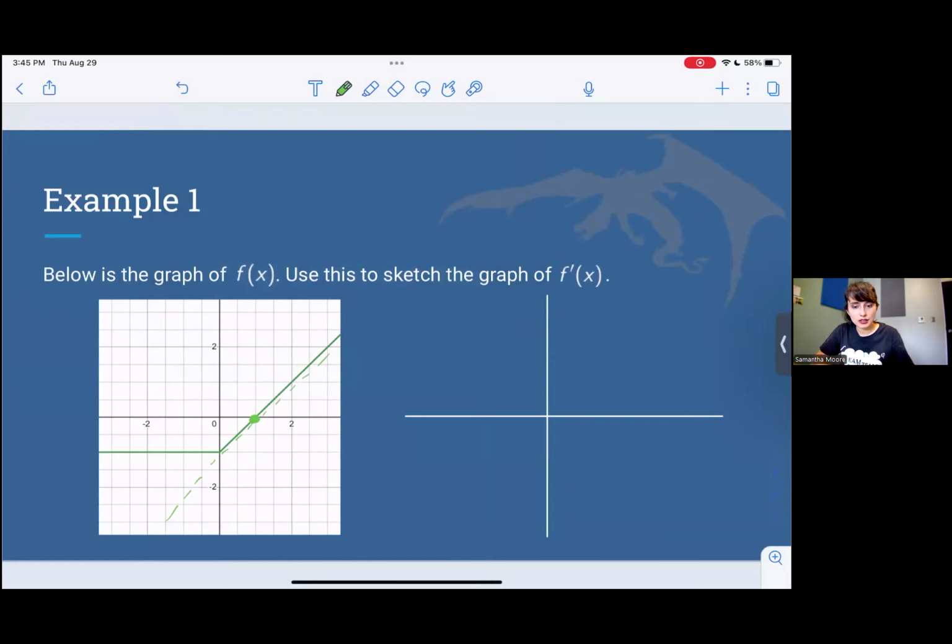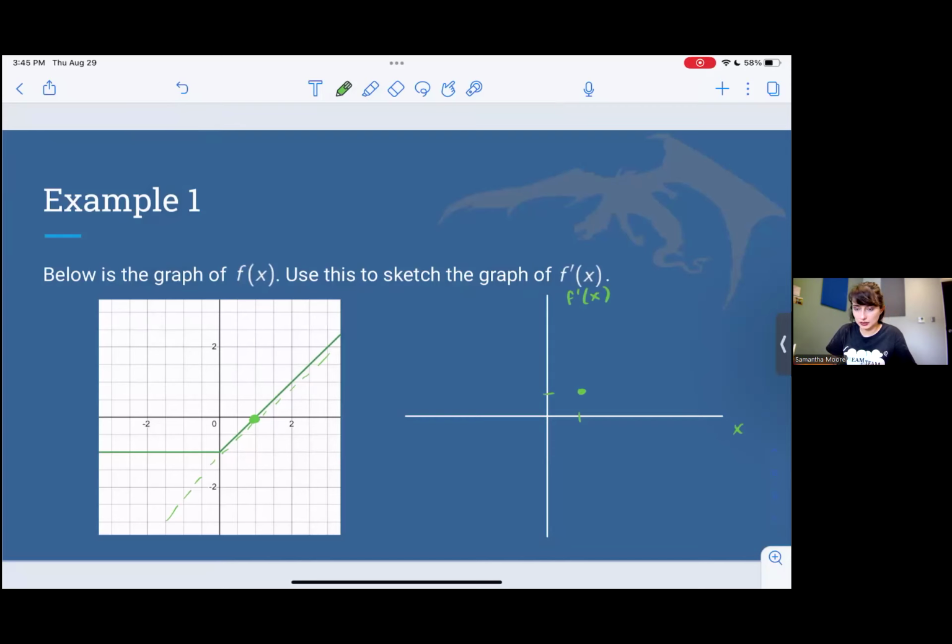So the slope of that line looks like it is 1. Perfect. So at x equals 1, it looks like I have a slope of 1. So over here, what I'm graphing is x versus f prime of x. So I'm graphing the slopes of things.